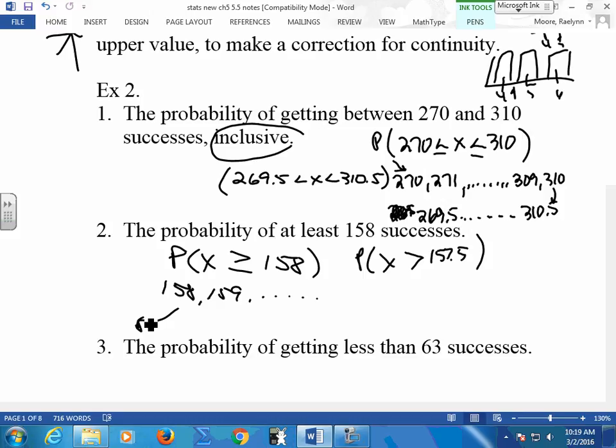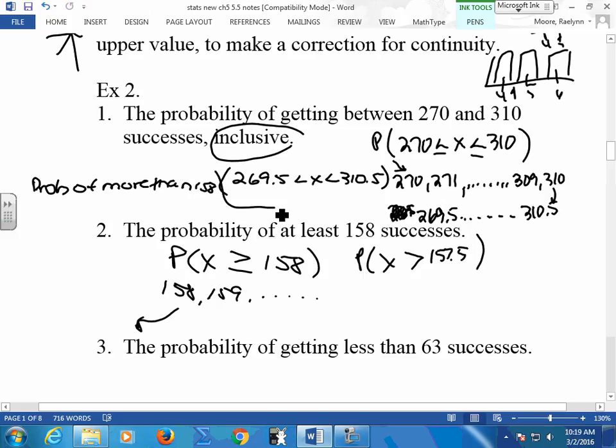Now, what happens if it said the probability of more than 158 instead of at least? How do I write this probability statement? The probability of more than 158, right?